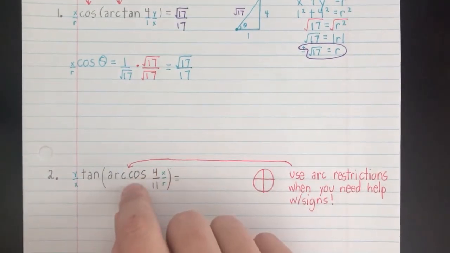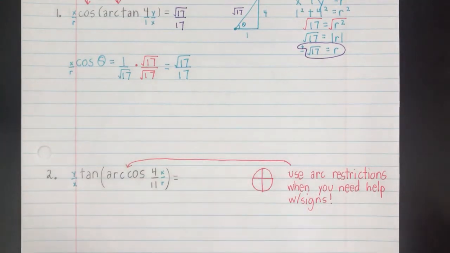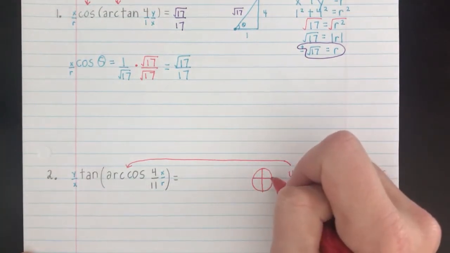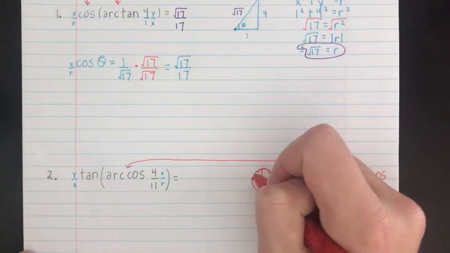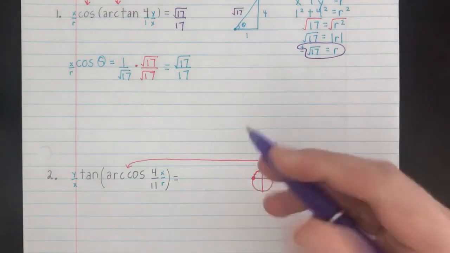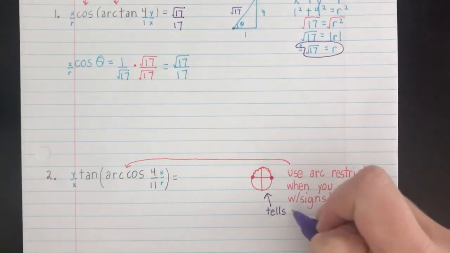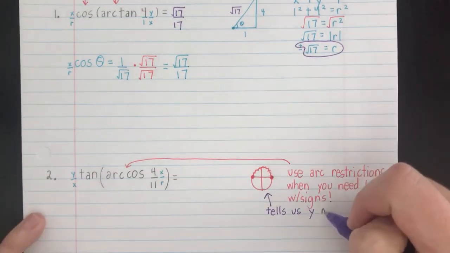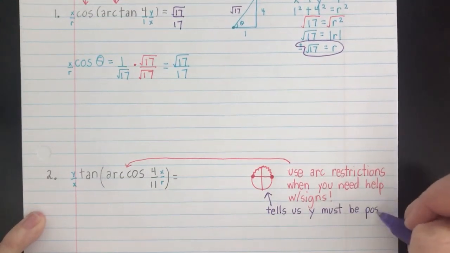So use your arccosine restrictions. Remember from before that your restrictions for your outputs for arccosine go from 0 to pi. So that right there tells us exactly what we need to know. This tells us that y, what we don't have, must be positive, right?